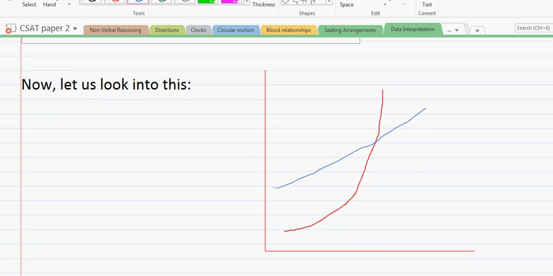This parameter, the blue line one, started with a higher value, right? This parameter started with a lower value. But now you see, since the increase was higher, it crossed the value somewhere here and shot up. So at, let's say, this year it was this much, whereas this was, we have to extrapolate it, this much.